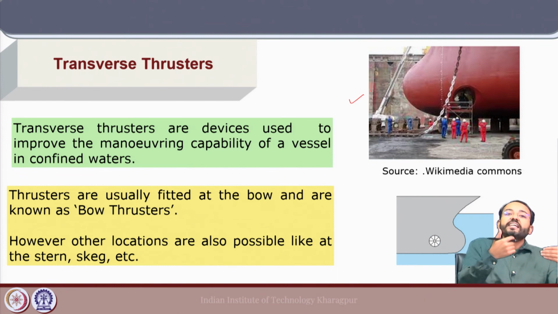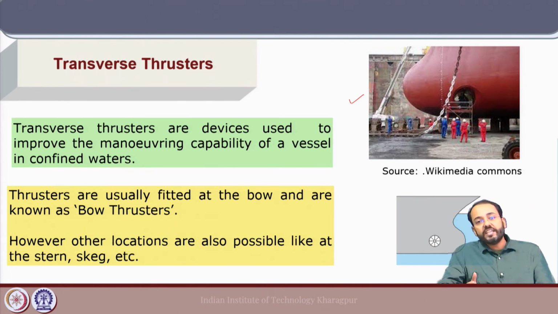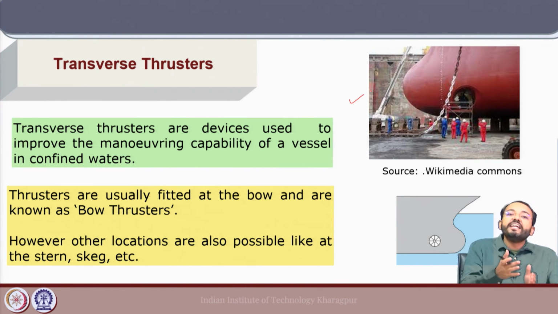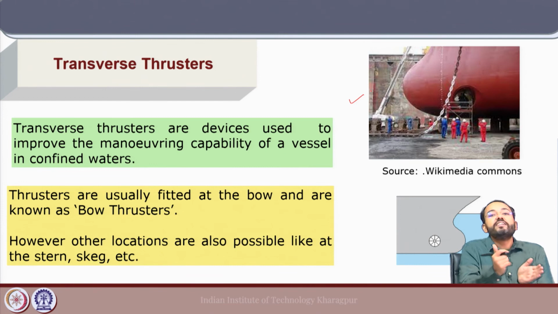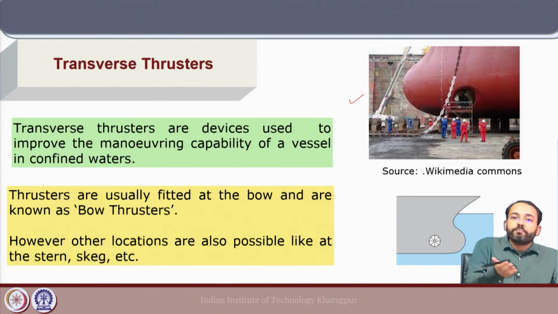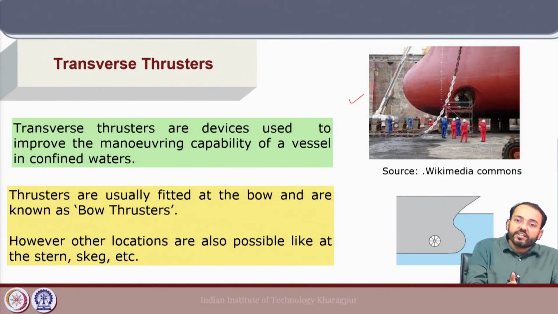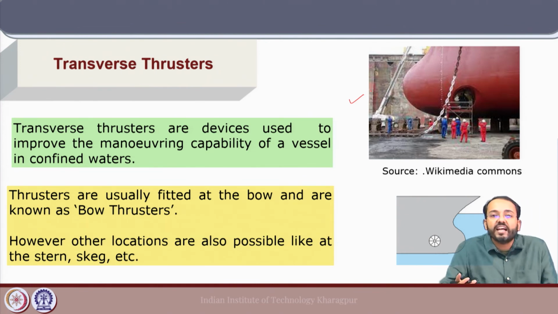A tunnel is provided from the port to starboard in the bow region of the ship, and a propeller is installed there, providing thrust in the transverse direction, as opposed to a conventional propeller which provides thrust in the direction of the ship motion, in the longitudinal direction. So, these are called transverse thrusters, and they are used for maneuvering.